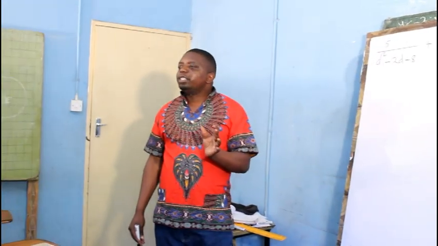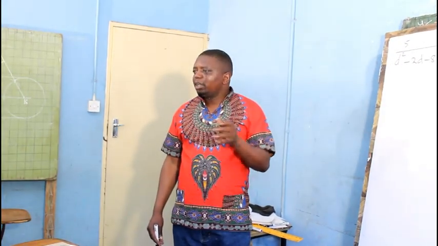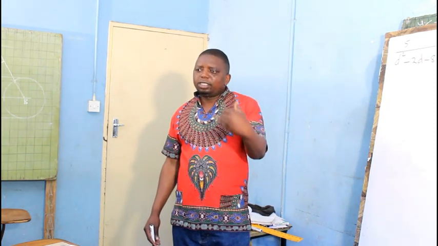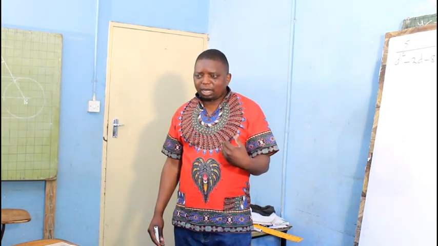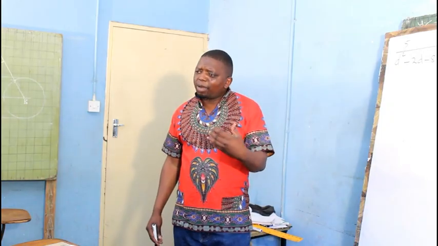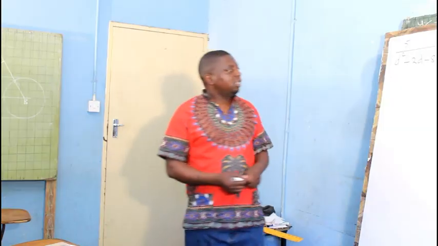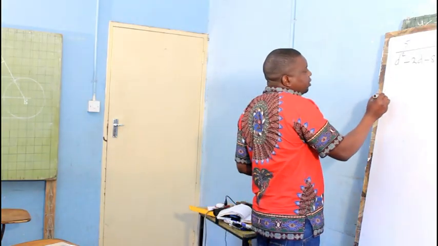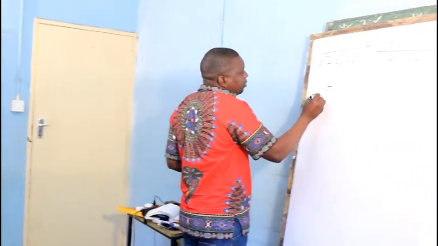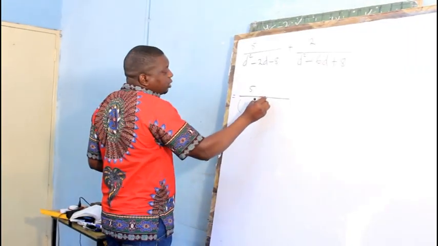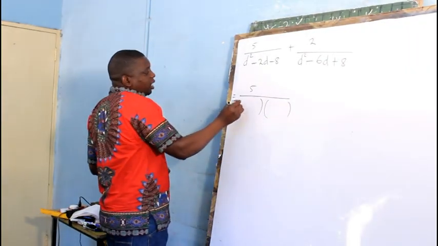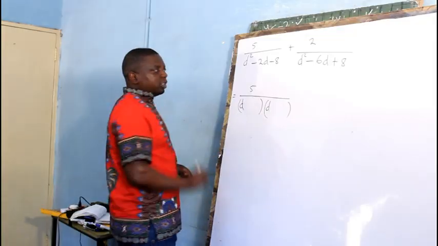Always you start by what? Factorizing the denominators. So let's factorize the denominators. It becomes 5 over (d, d).